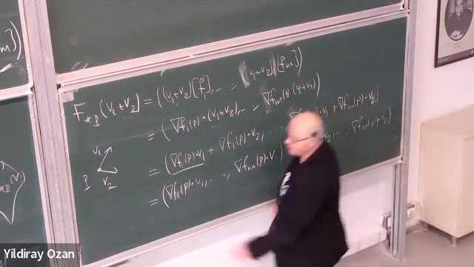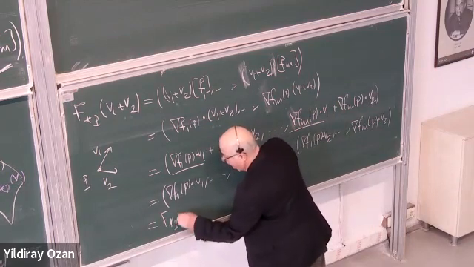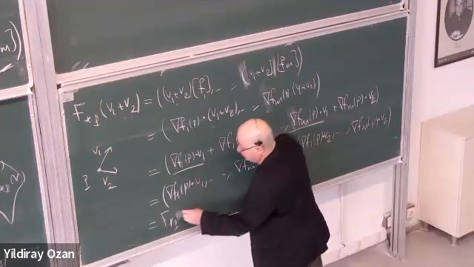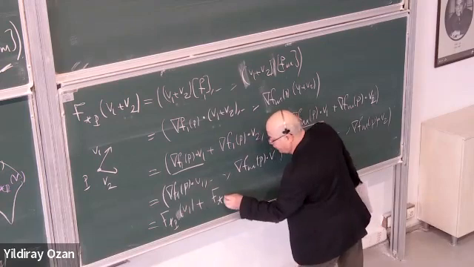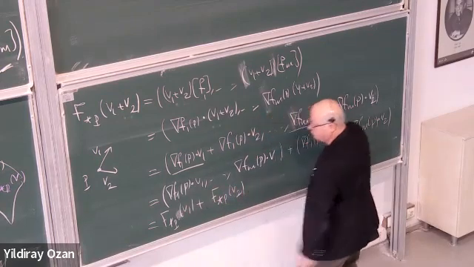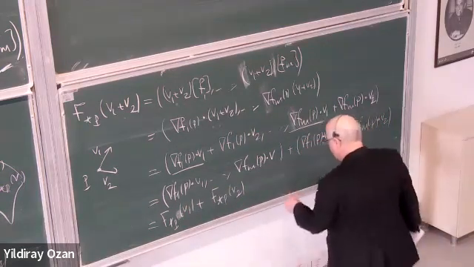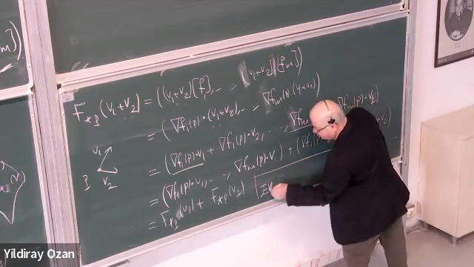And this is nothing but F star at the point P of V1, and the second one is F star at the point P of V2. The other one, I will leave it as an exercise.